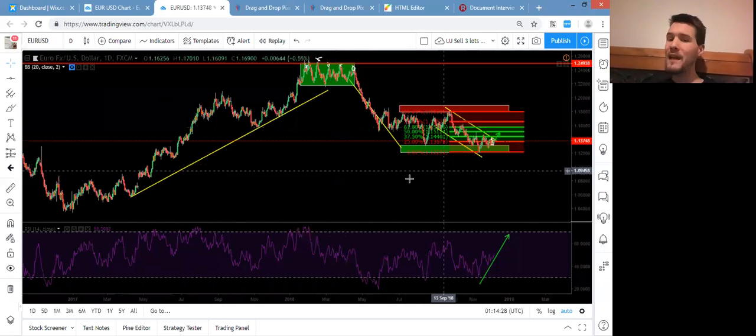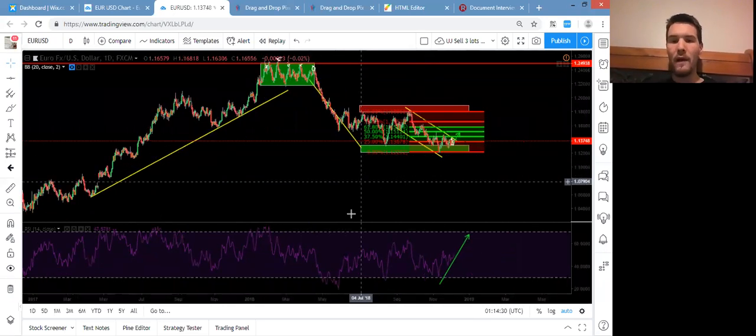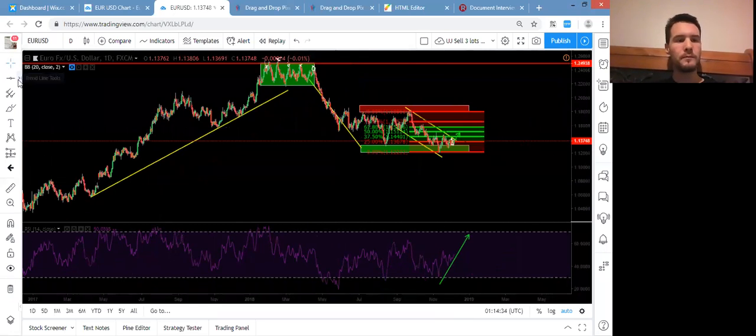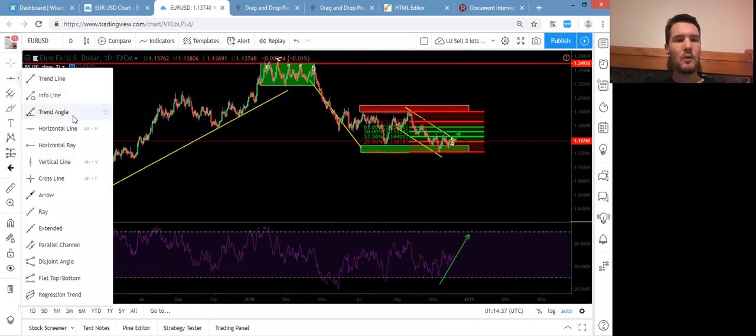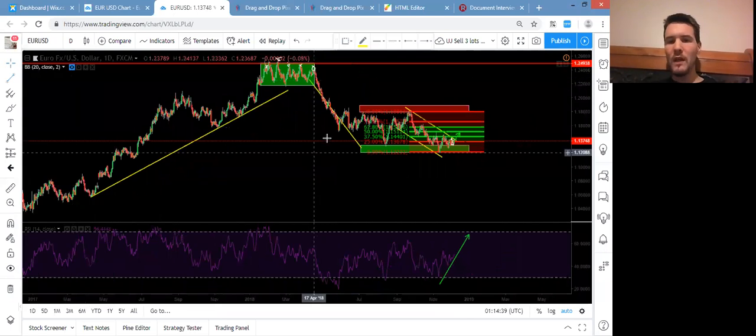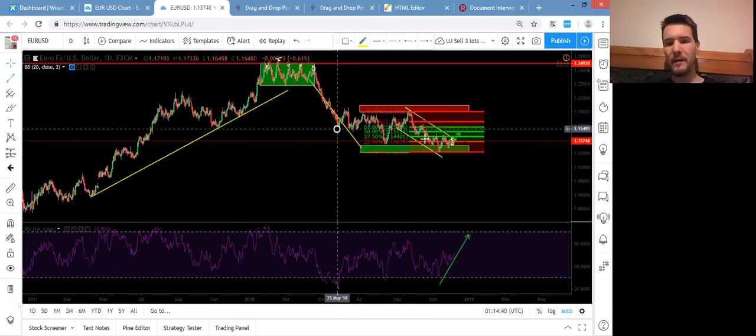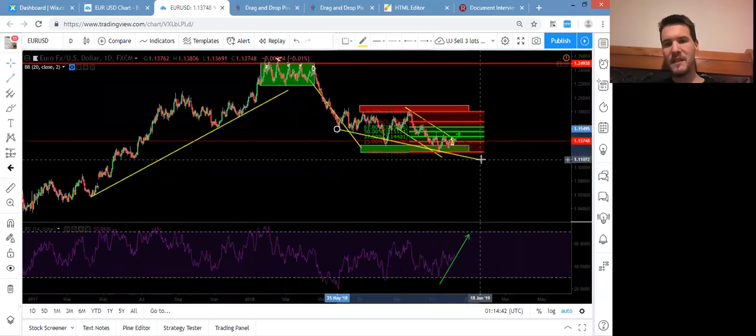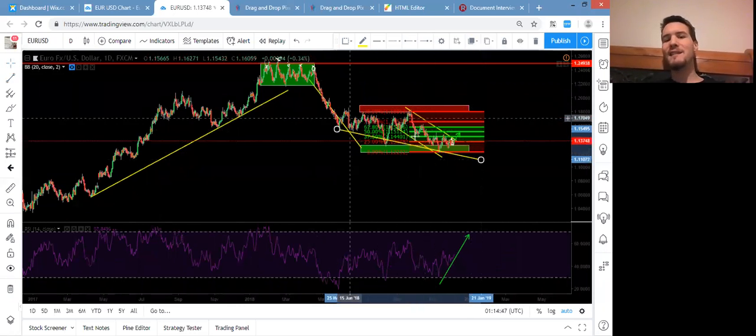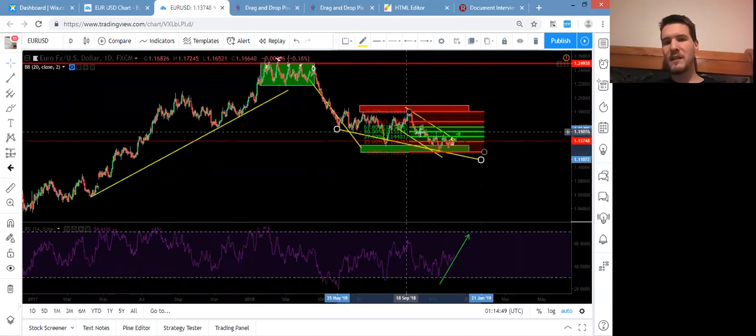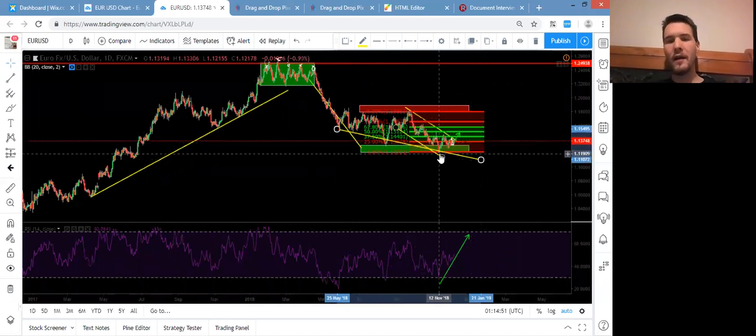Now, take a look at what's happening here. I want everybody to notice what's going on here. Number one, we have an extension of the downtrend. Can everyone see that? We have an extension of the downtrend, a descending channel, okay?